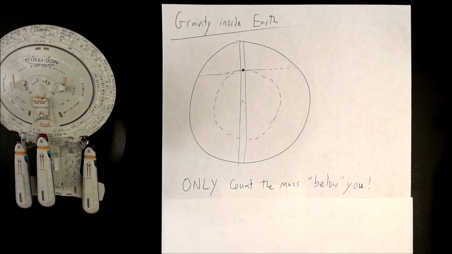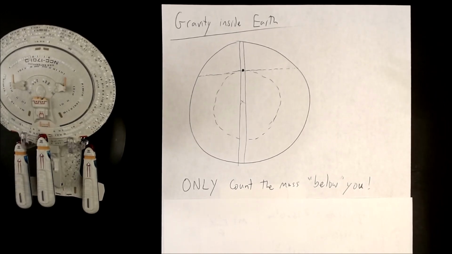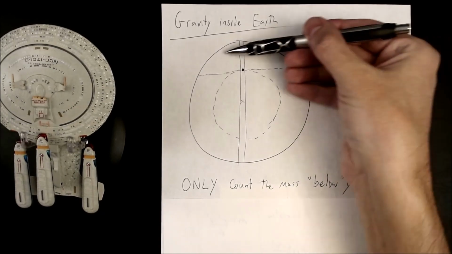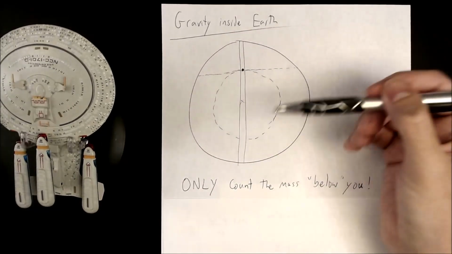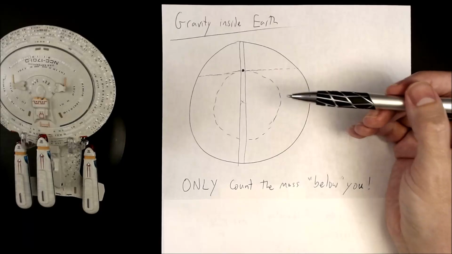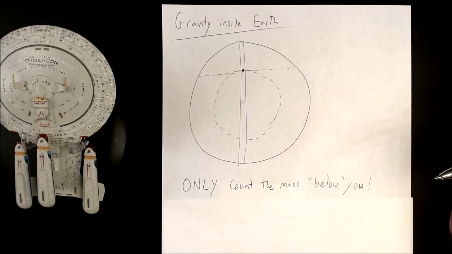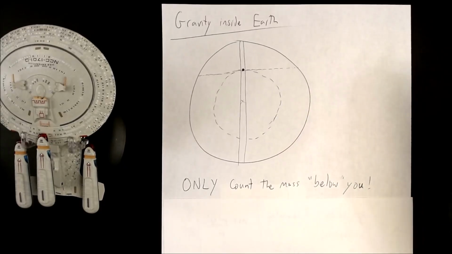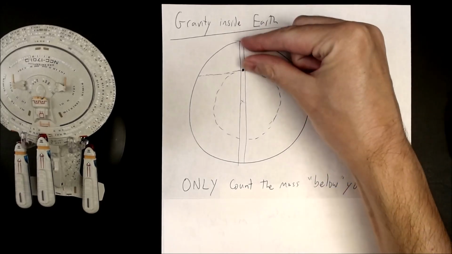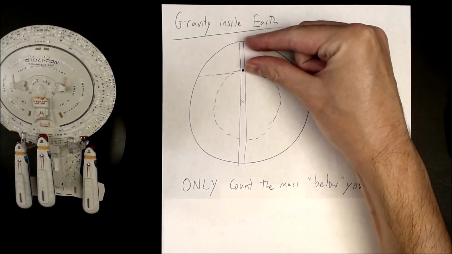That's a weird and interesting result, but it is incredibly convenient because now all of the mass that is farther away from the center of the Earth than you are doesn't count. You are 1,000 miles down or something, I don't know.